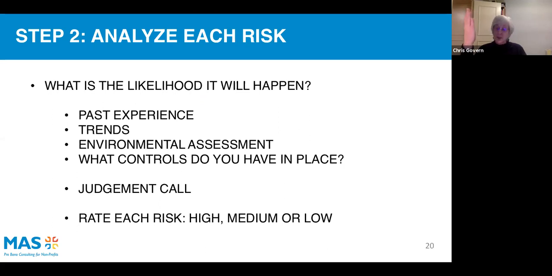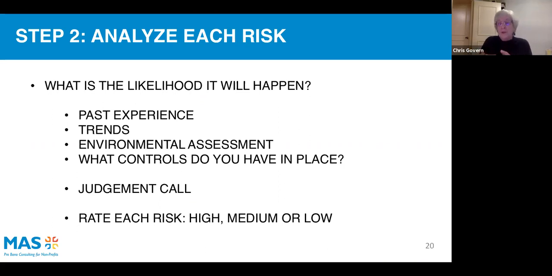It depends, first of all, on the types of financial transactions that you have in the organization. It depends on the processes you have in place. Do you have a strong financial management policy that says how you do these things, and is that policy followed?